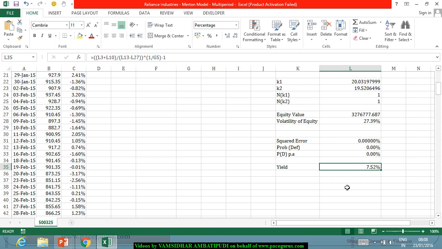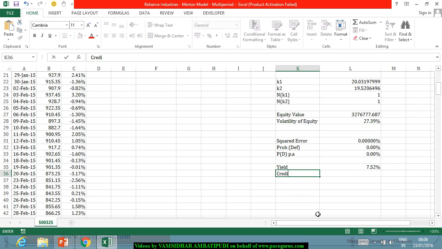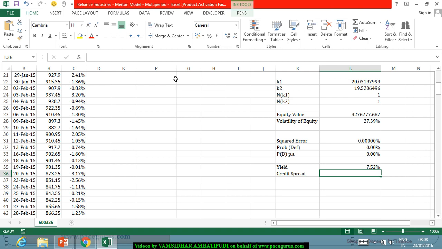Now this I can very well use to find out what should be the credit spread for this kind of a bond. So for the kind of bond which it is issuing, the credit spread is nothing but the yield that I got here minus the continuously compounded risk-free rate of return.